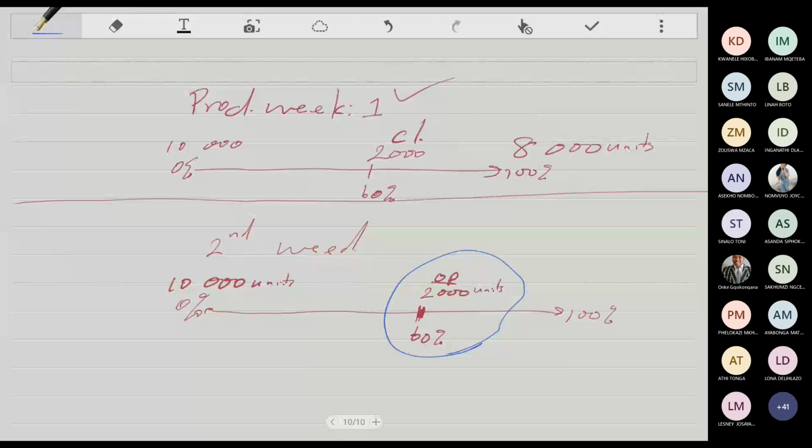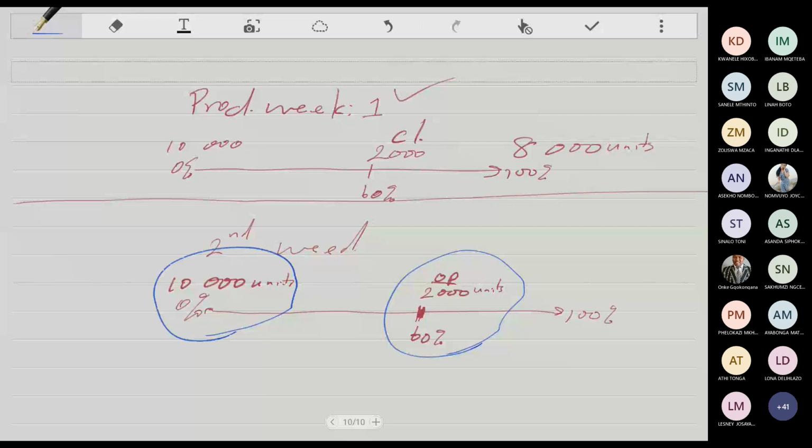And I can guarantee you guys that there is no wrong answer. All the answers that we provide are right. Kwanele is right when he says that we can start with 2,000 units. But someone else can come up and say that I think we can start with 10,000 units instead of 2,000 units.